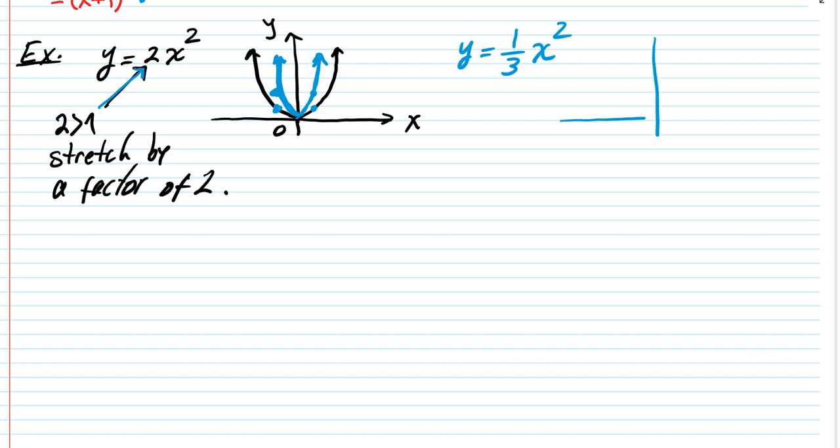If x squared goes like that, then whatever this point is, it's now 1/3 of what it used to be. And redraw it.